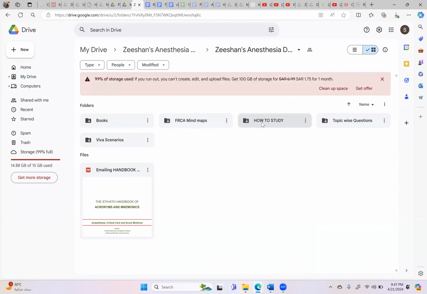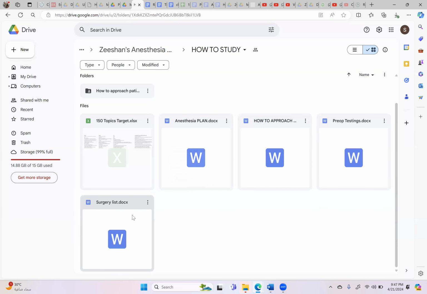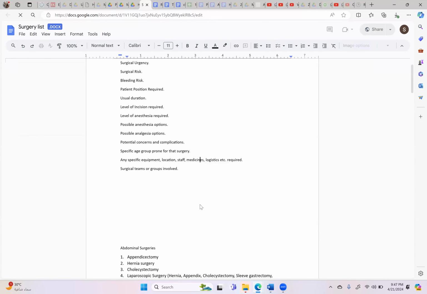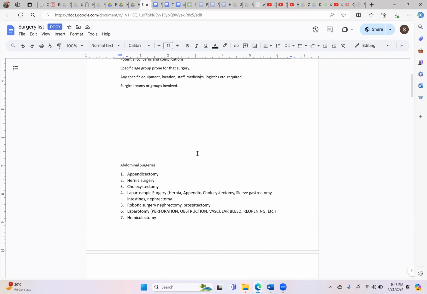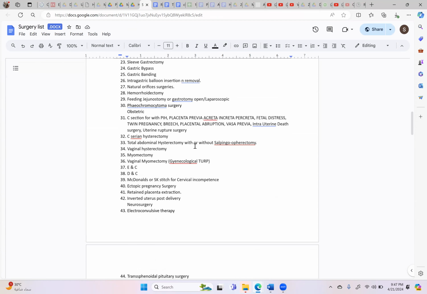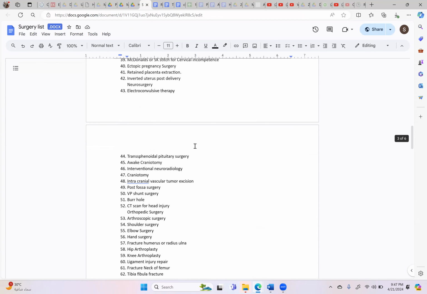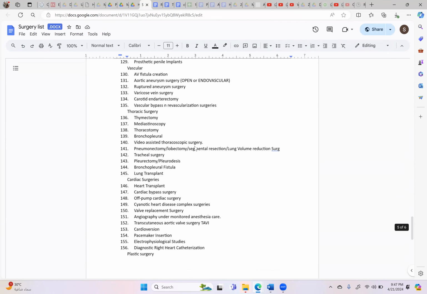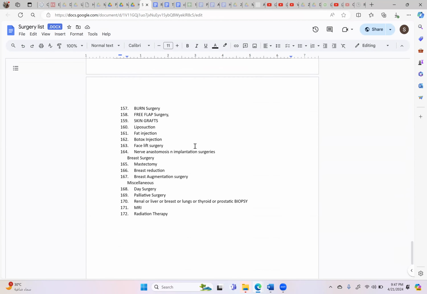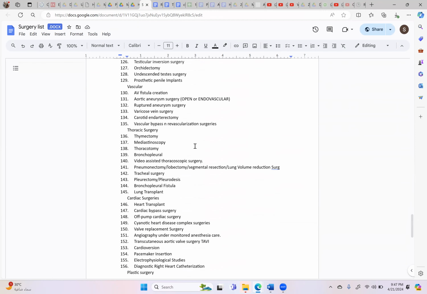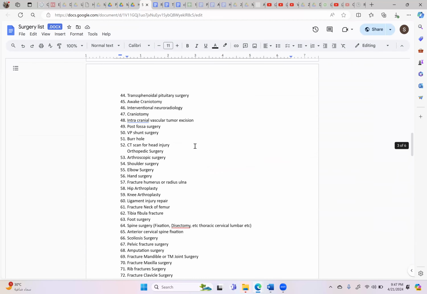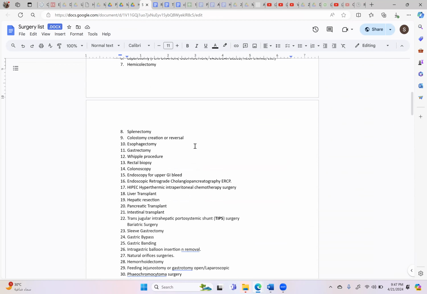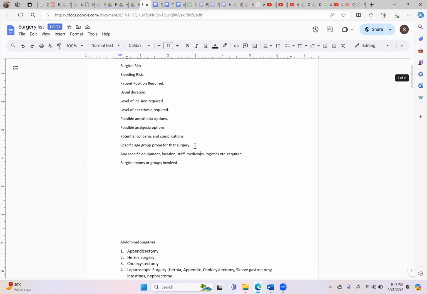I have made a list of the surgeries. It's a terrible, long list, but actually the original procedures are not that many. There are so many common things. So have a look at this list and try to have some information about it. Not details. Don't be afraid, thinking Dr. Zishan, how will we finish? A number of things are common. But as a good anesthetist, and even for the exam, try to have the basic concept with this one.